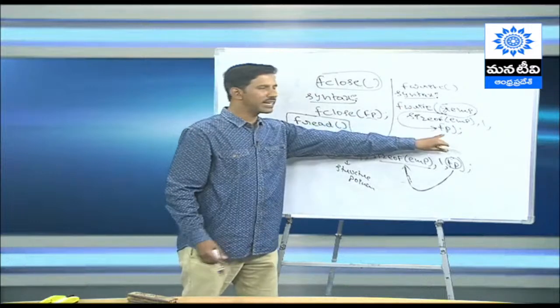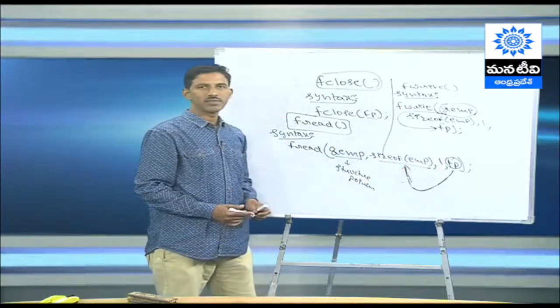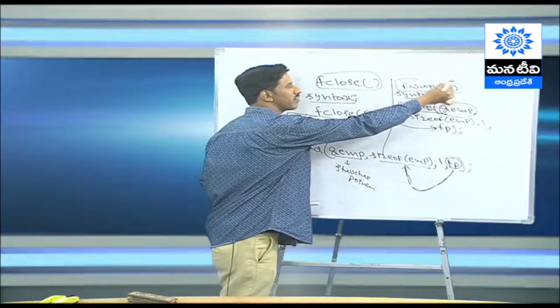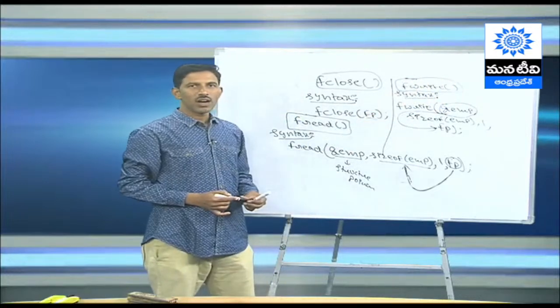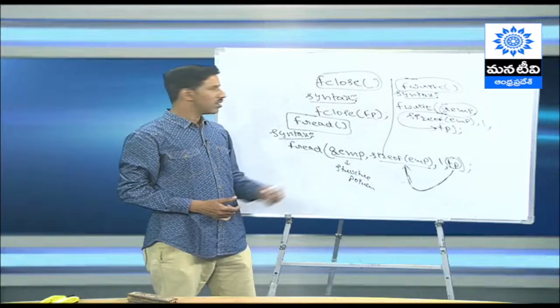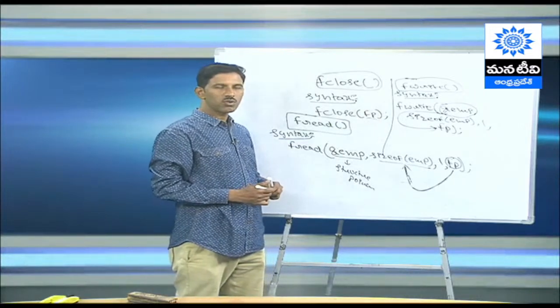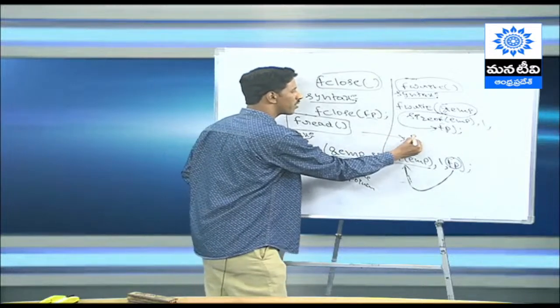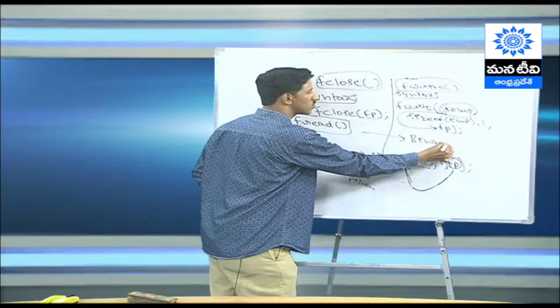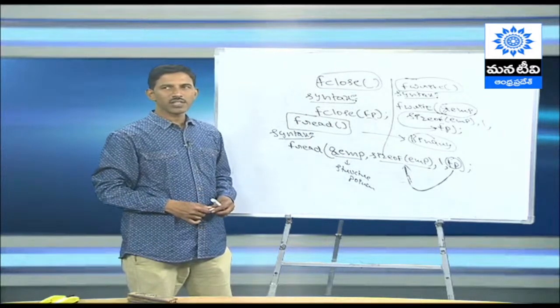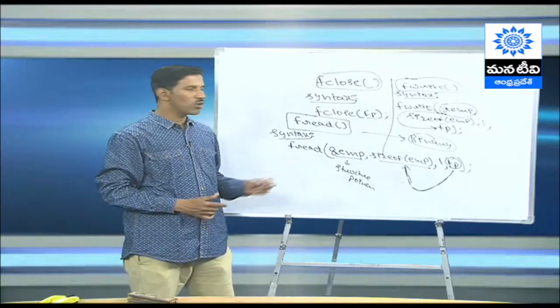This is for writing, this is for reading: fread, fwrite. Both are used for file handling, how to read the structure data and how to write the structure data. But for both functions, reading and writing, only binary mode is used.